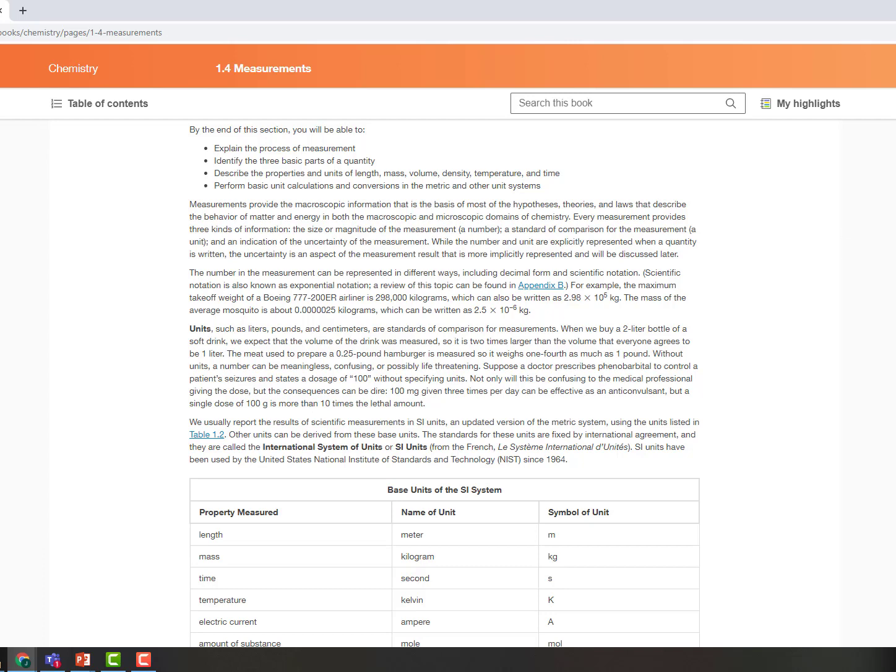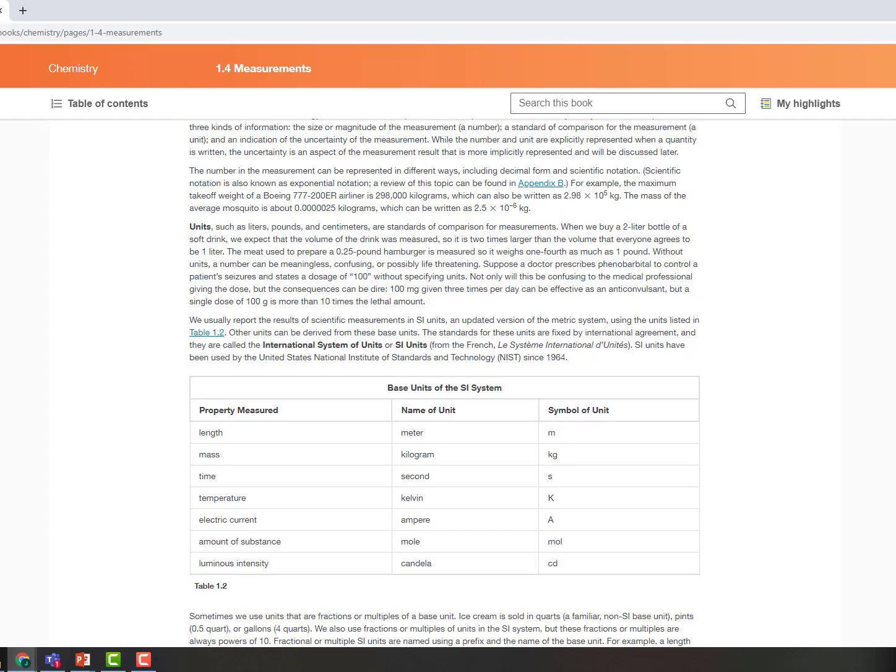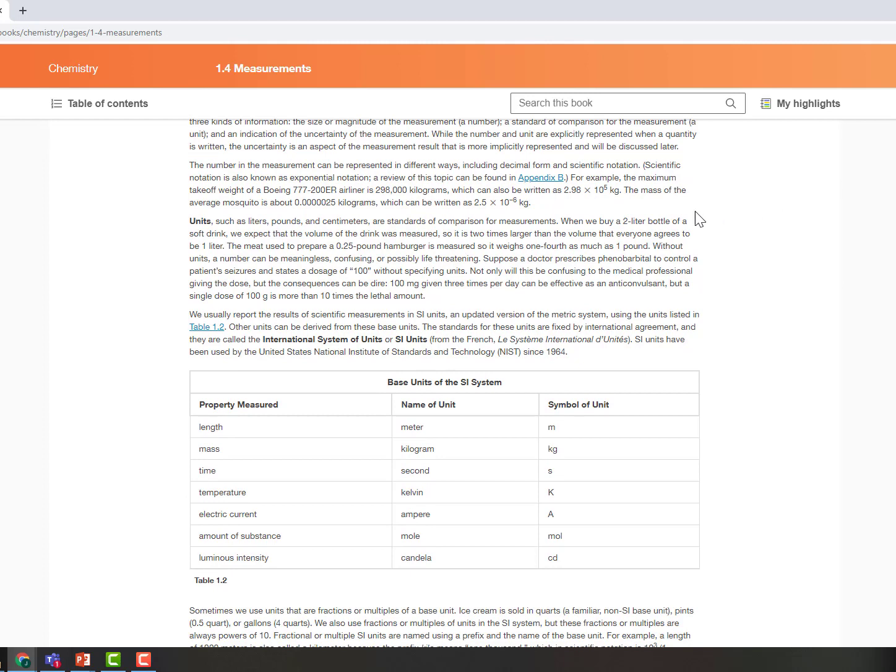There are some examples in here. We're showing 298,000 kilograms. So this is the number, this is the unit, and again, we'll talk about the uncertainty later. Kilograms is a unit.